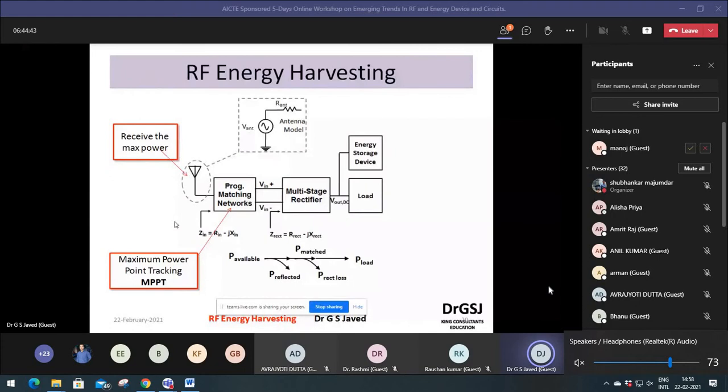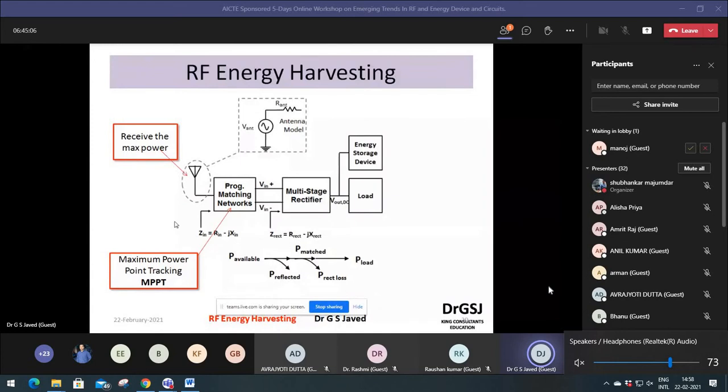And for that, you will use a programmable matching network to tune out all the reactive power. The antenna can be modeled as a voltage source V_ant in series with R_ant, the antenna resistance. So that is the antenna model we're looking at.